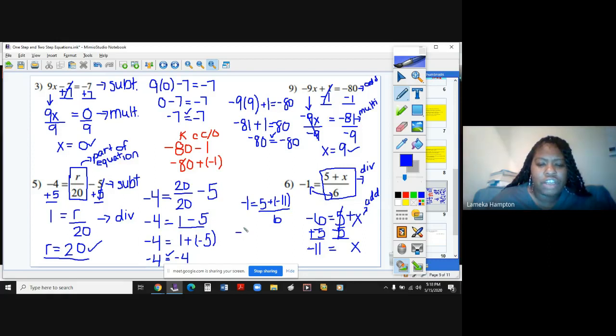I have -1 that is equal to 5 plus -11. That gives me -6 over 6. A negative divided by a positive gives me a negative. So therefore, -1 is equal to -1.